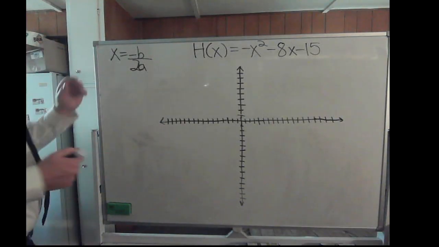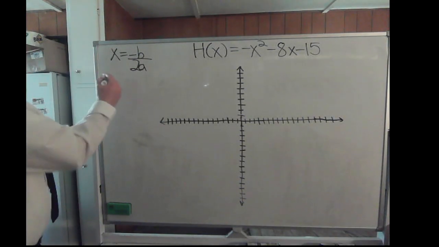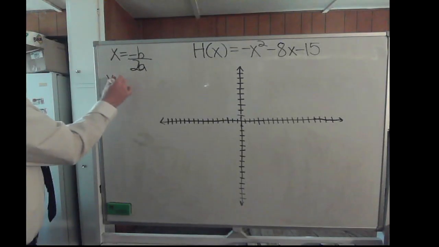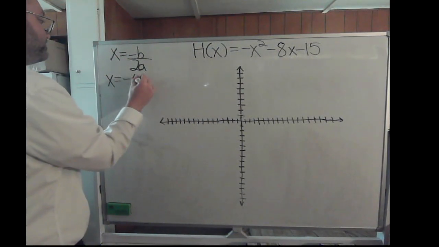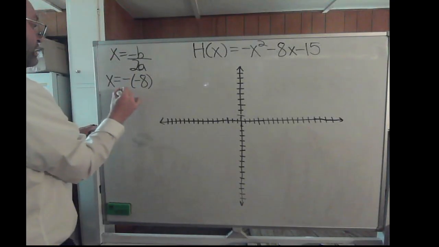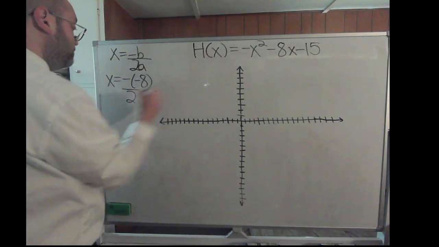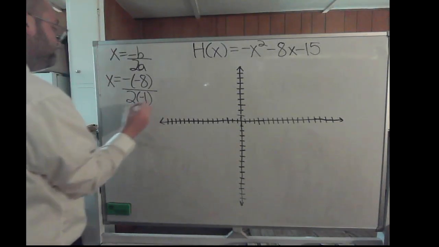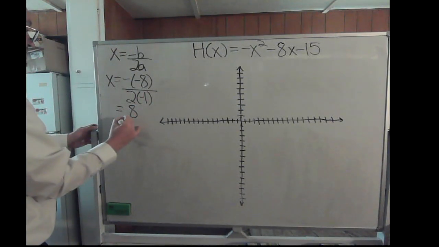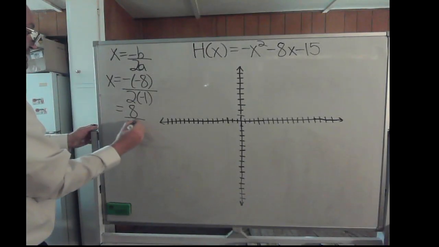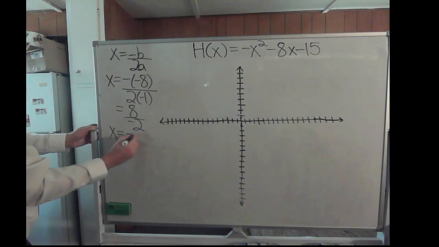So let's start by finding the coordinate of the vertex. x equals negative b over 2a, so x would equal negative of negative 8 over 2 times negative 1. Well, negative of negative 8, that's positive 8 over 2 times negative 1, that's negative 2. So therefore, x equals negative 4.